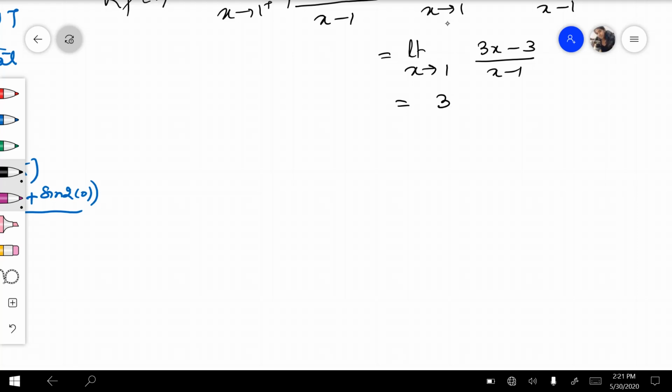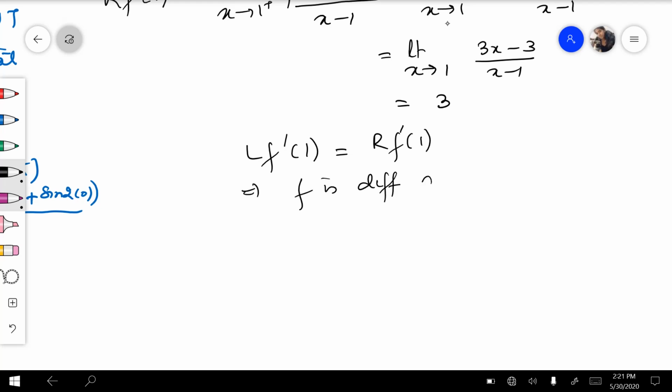That means left hand derivative at 1 is equal to right hand derivative at 1, implies f is differentiable at x equals 1.